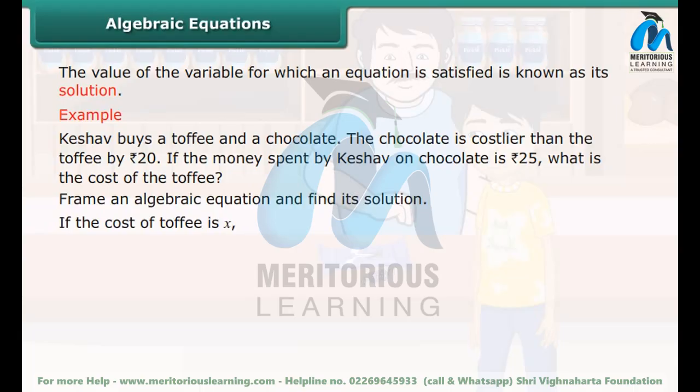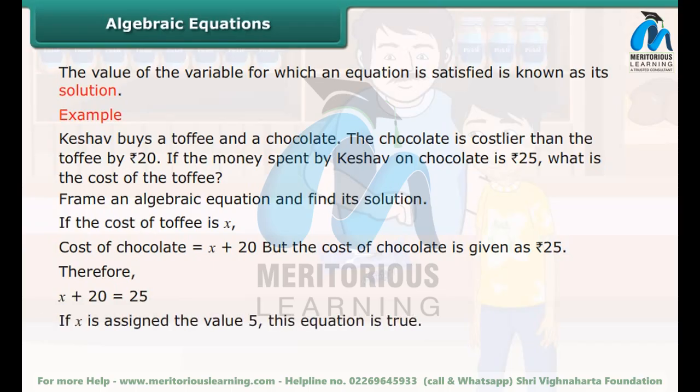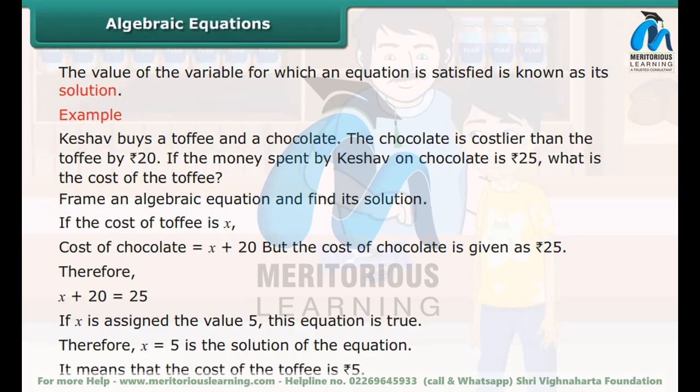If the cost of toffee is x, cost of chocolate is equal to x + 20, but the cost of chocolate is given as 25 rupees. Therefore, x + 20 = 25. This equation is true if x is assigned the value 5. x = 5 is the solution of the equation. It means that the cost of the toffee is 5 rupees.